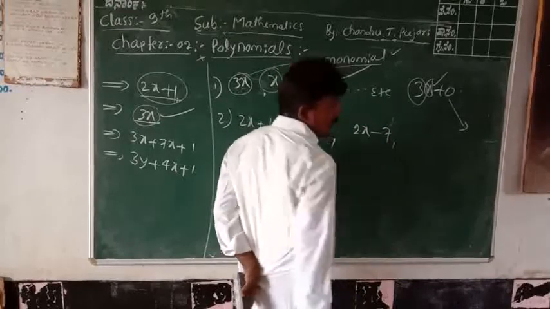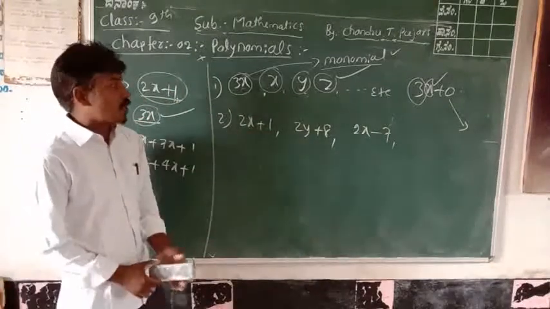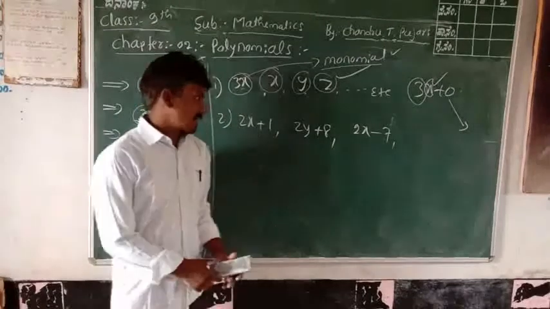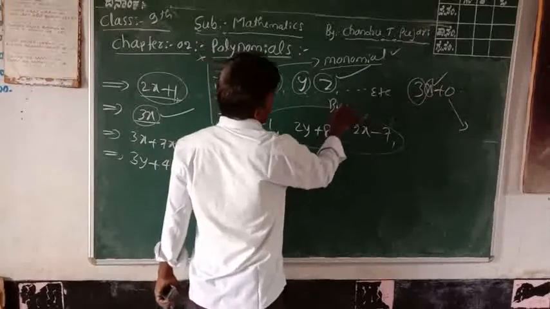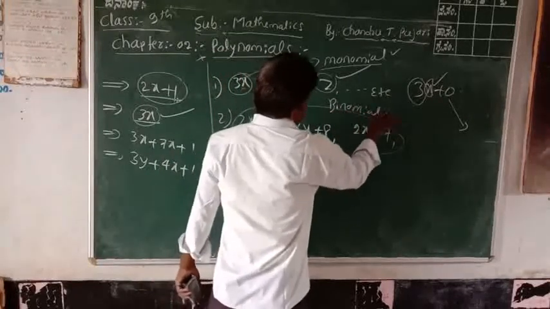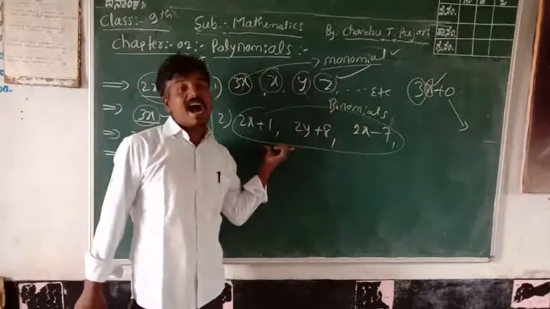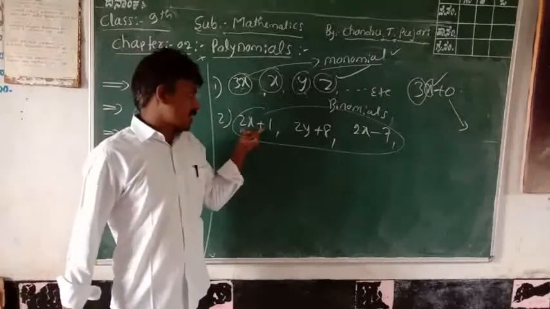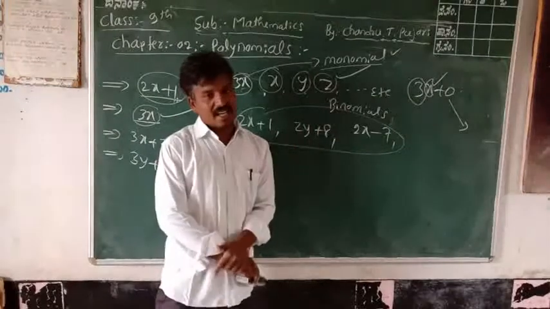These are algebraic expressions, and their name is binomial. The definition of binomial: an algebraic expression that has two terms is called a binomial.